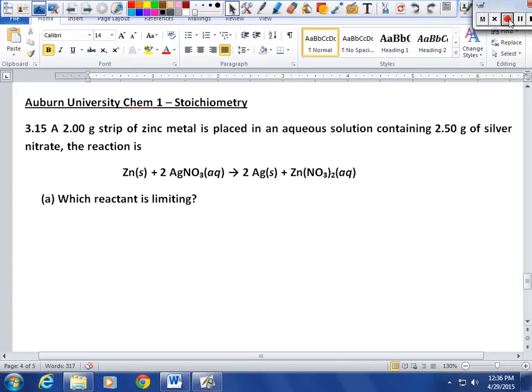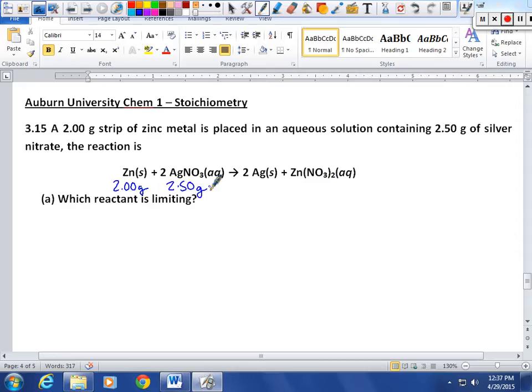Okay. So a 2-gram strip of zinc metal is placed in an aqueous solution containing 2.5 grams of silver nitrate. So, all right, so we know that we have 2.00 grams of zinc, and we have 2.50 grams of silver nitrate.